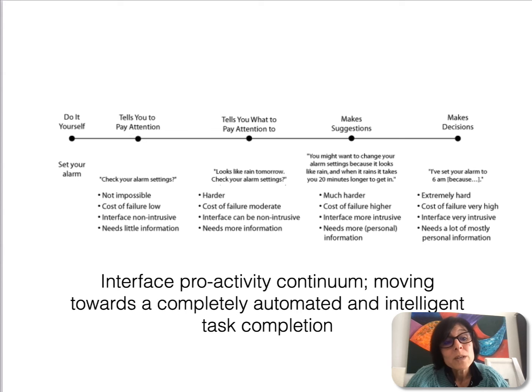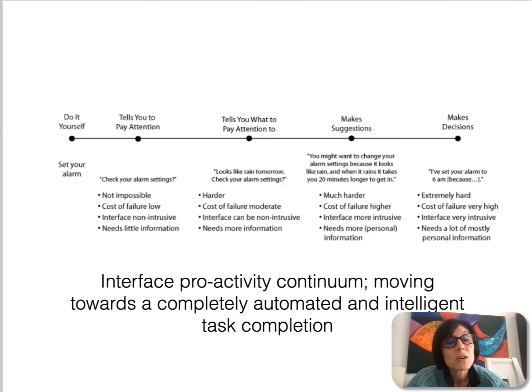There's a step forward where the alarm clock would tell you what to pay attention to. So let's say the alarm clock has information on the weather report for the next day, and not just the weather report, but also the traffic updates.